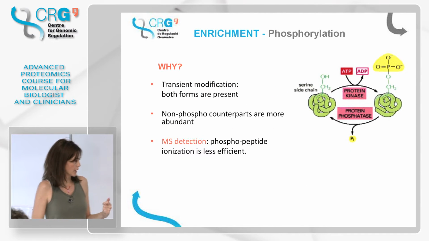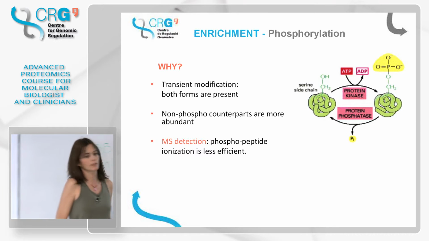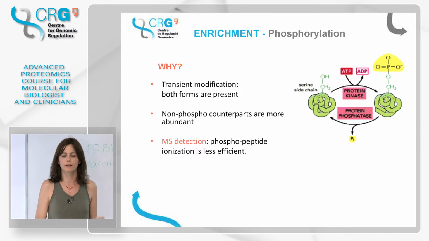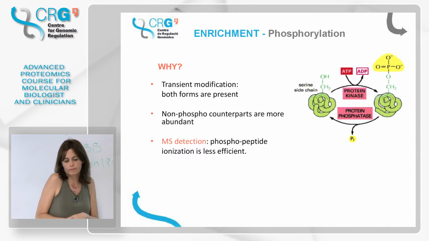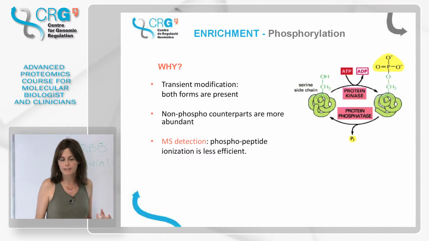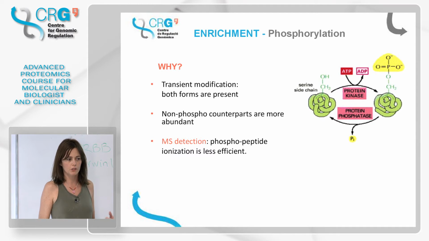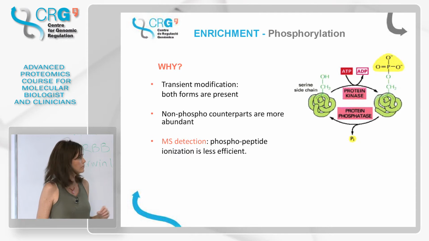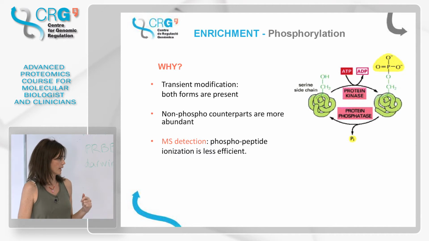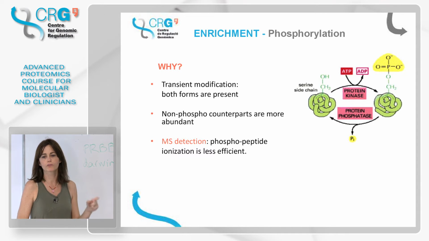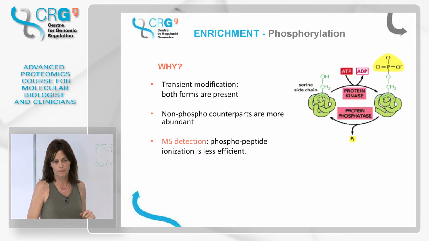As I was telling you, it's important to enrich our sample for these phosphopeptides. Most of the time we are working with whole cell lysates or pretty complex samples, and we know that the phosphopeptides in our sample are in very low abundance. And it's not only that, it's that phosphopeptides have a less efficient ionization than the non-phosphorylated counterpart.